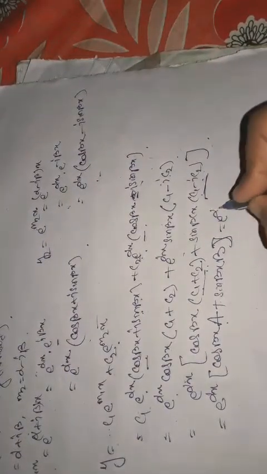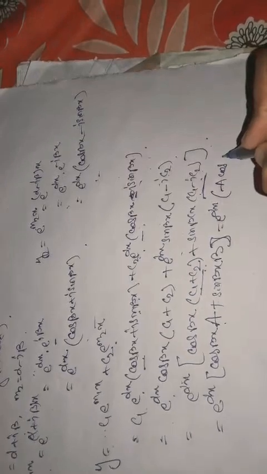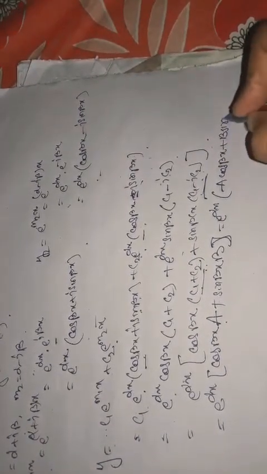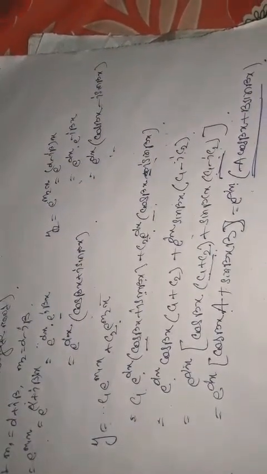We arrange this as e to the power alpha x (a cos beta x plus b sin beta x). If the roots are complex conjugate, then our solution is y equals e to the power alpha x whole into a cos beta x plus b sin beta x.